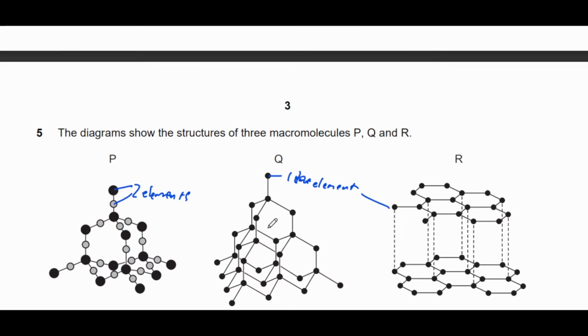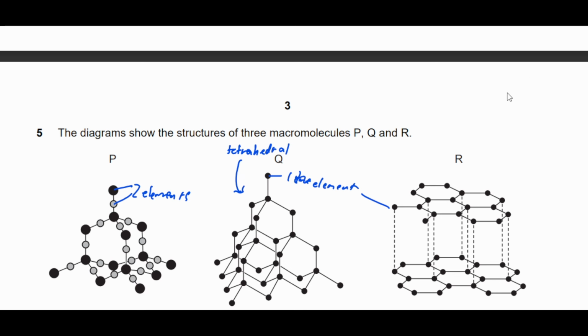Next, which of Q and R is diamond? Diamond has a tetrahedral structure, and a tetrahedral structure looks like this one. So a diamond molecule looks like this.